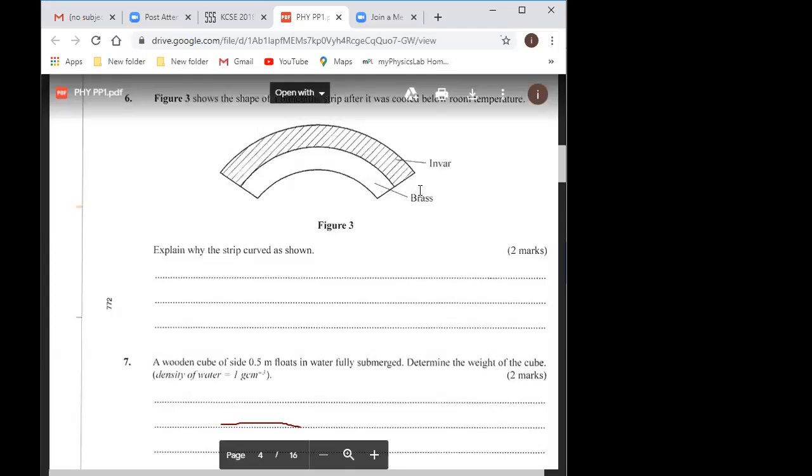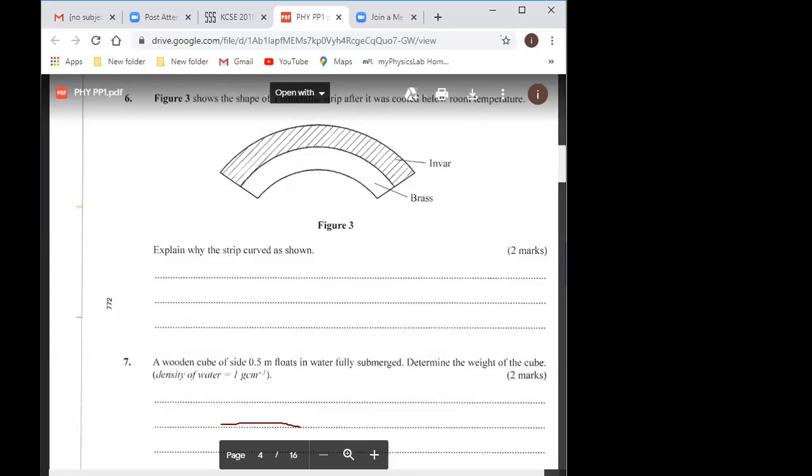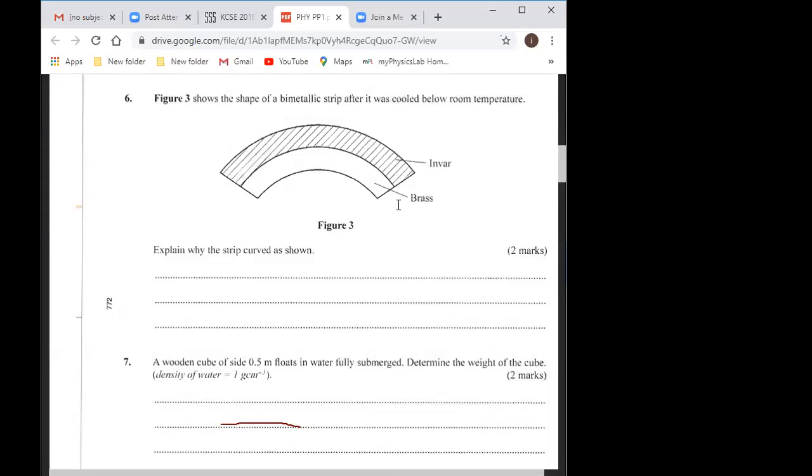Yes, someone to explain. Justin Kibet. Yes. Justin Kibet. Let's have a volunteer. Okay. Yes, Frederick Mogo. Frederick?